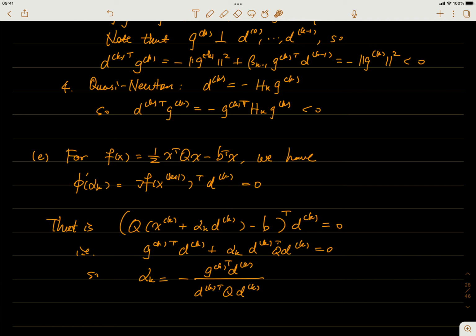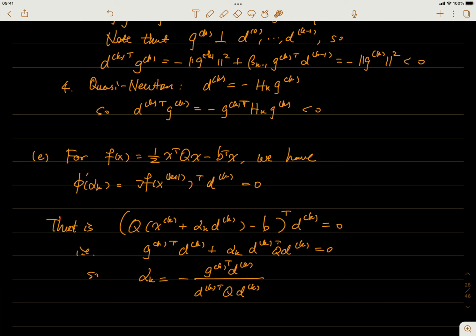Recall that for a quadratic function, this is just Qx_{k+1} minus b, but this is exactly what g_{k+1} is. So we put this in here, and then we try to solve for alpha_k, and eventually you can easily see that alpha_k equals this.